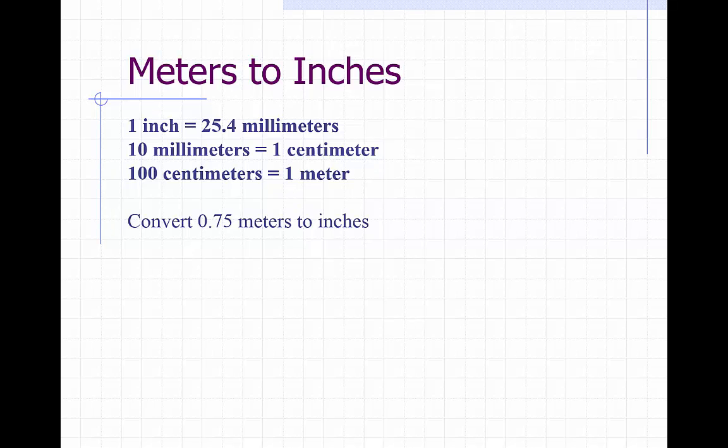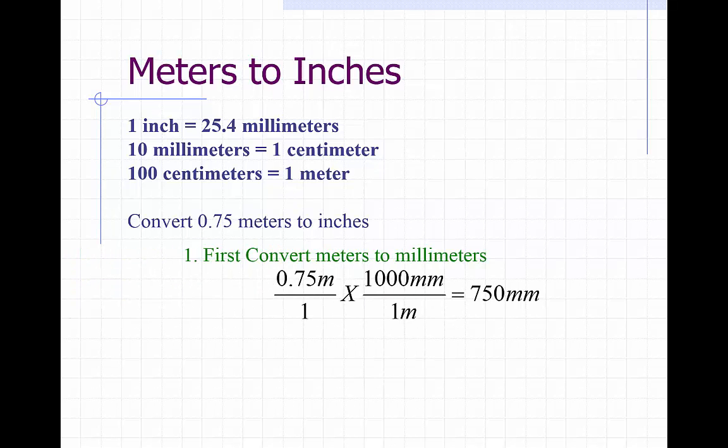This time we're going to go 0.75 meters to inches. So same thing, we're going to go to millimeters first and then to inches. 0.75 meters over 1 times 1,000 millimeters over 1 meter. The meters cancel off, leaving us with 0.75 times 1,000, which is 750 millimeters.